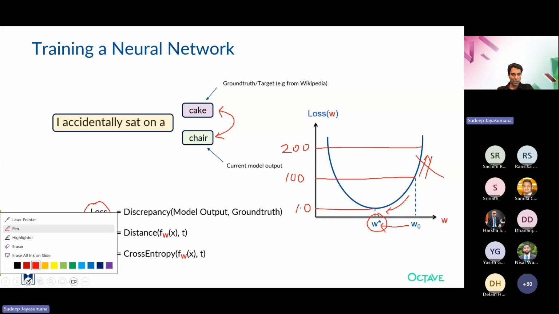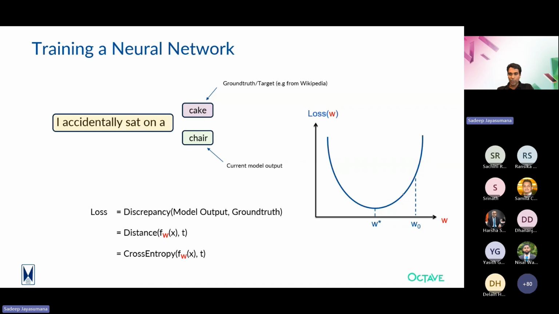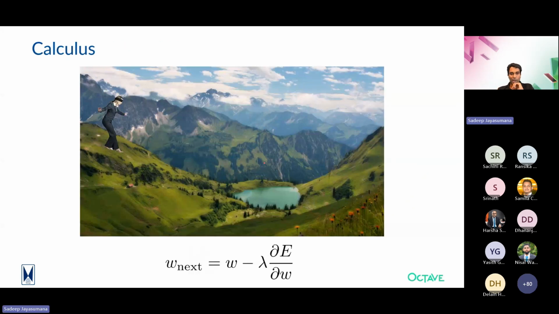Let me give you another analogy. Think about it: you want to go towards the bottom of the curve. Now I have it in 2 dimensions instead of 1. So this is the curve we were talking about earlier, and we are trying to go to the bottom of that curve.